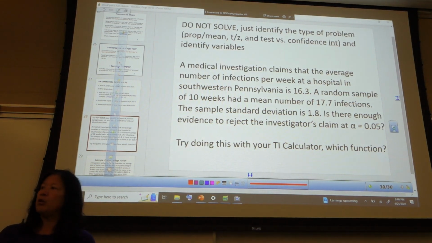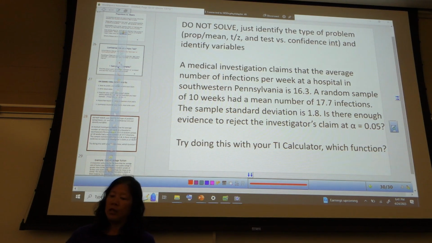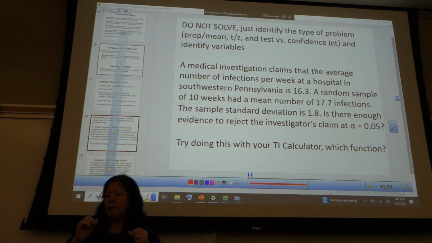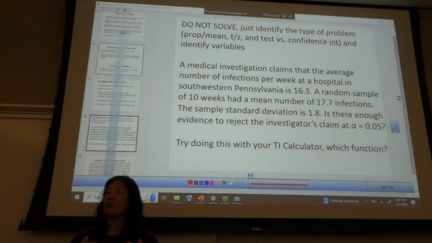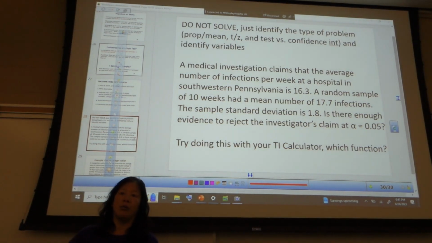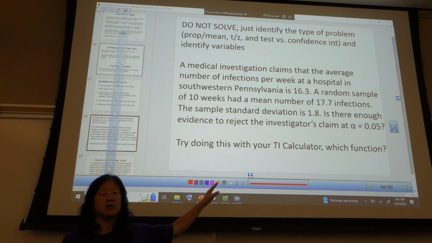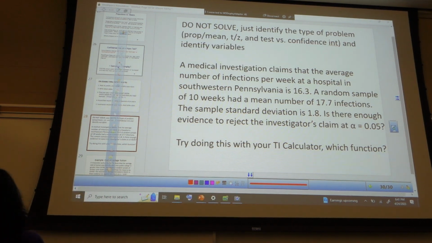You got your step 1, and you got your step 3, and then 2, 4, and 5. Or if it's a confidence interval, you have your 1, 2, and 3. So people don't have a problem doing the problem once they know what kind of problem it is and they know what to do. So we're going to spend maybe 20 minutes today going over what kind of problem it is. So with your neighbors, try to figure out what kind of problem it is and identify the variables you have.